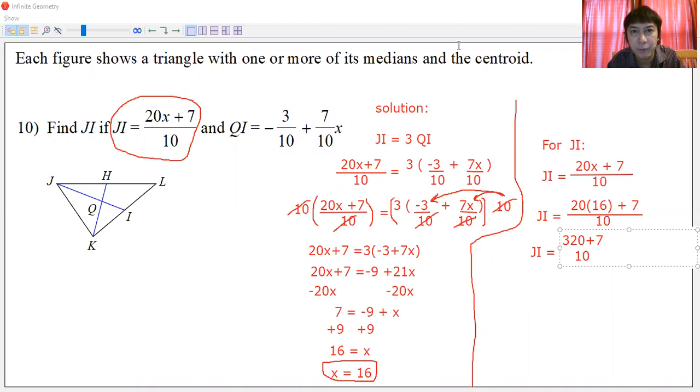All right. So we have 327 divided by 10. There.